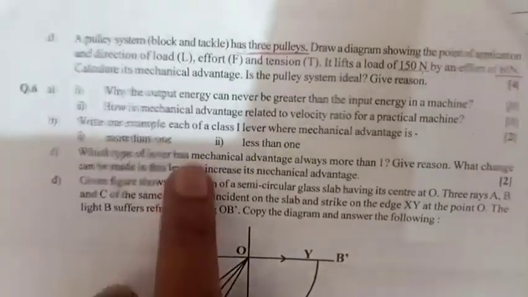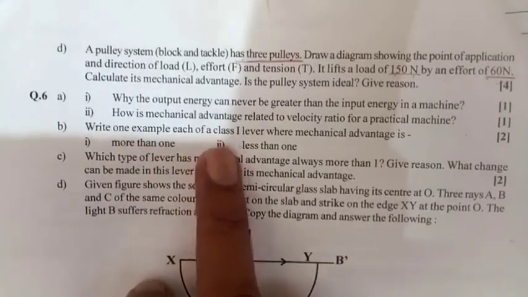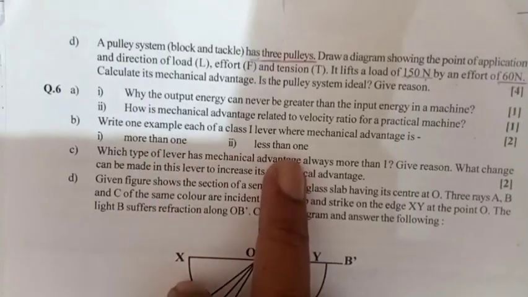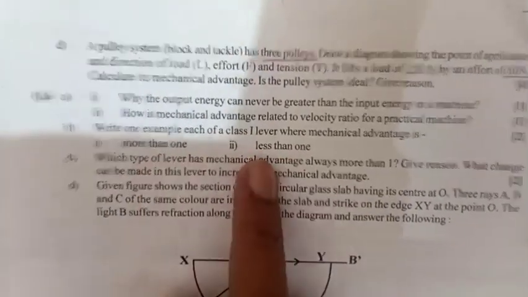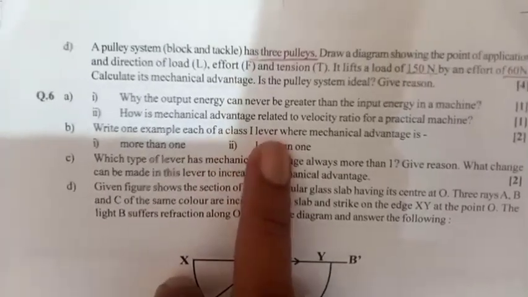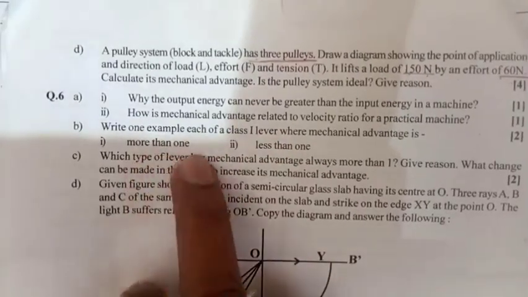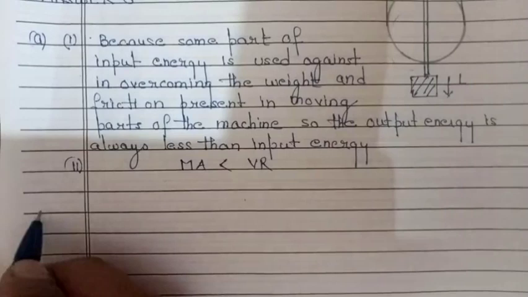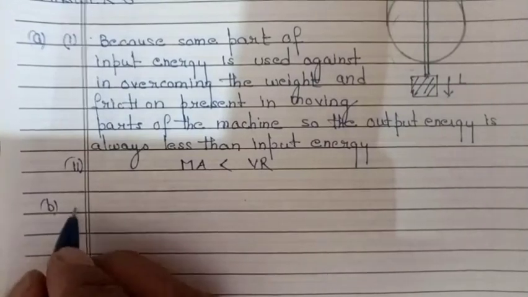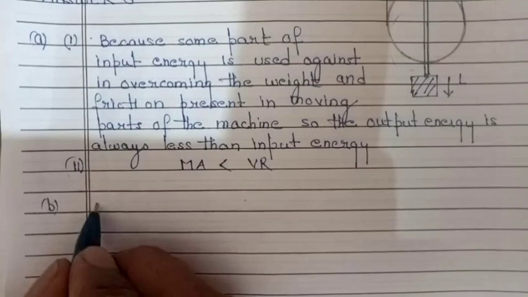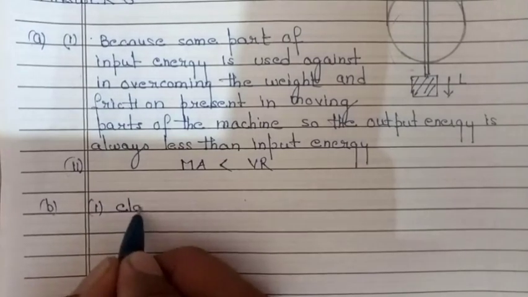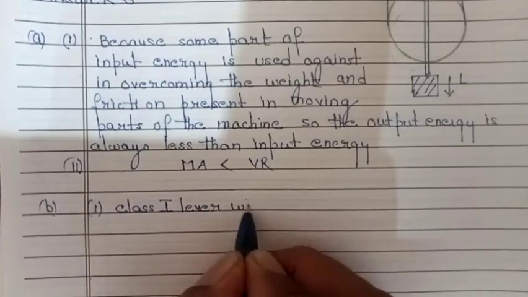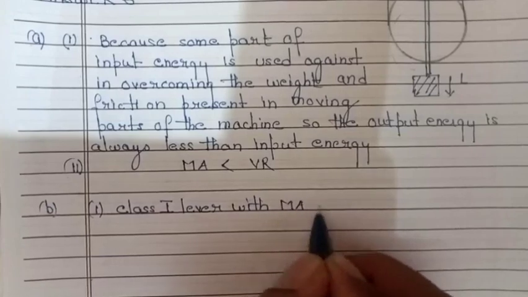The next part says, write one example each of a class 1 lever where mechanical advantage is more than 1, and less than 1. Now, in both cases, we have to give an example of a class 1 lever. Remember, it should be a class 1 lever only. In the first part, we have to give an example of a class 1 lever with MA greater than 1.